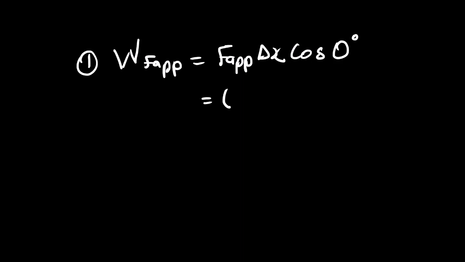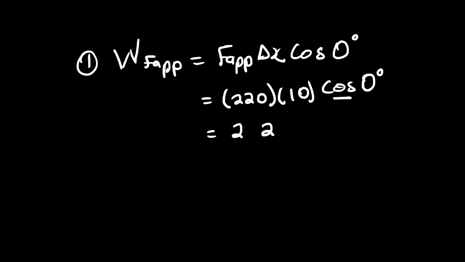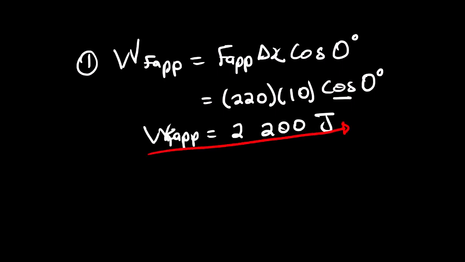So force applied is 220 multiplied by displacement, which is 10, cos 0. We know that cos 0 is equal to 1. We get that our work done by the force applied is 2200 joules. I hope you got this one correct.